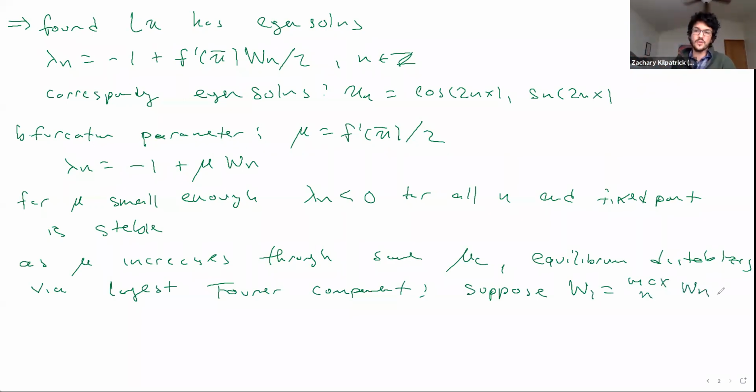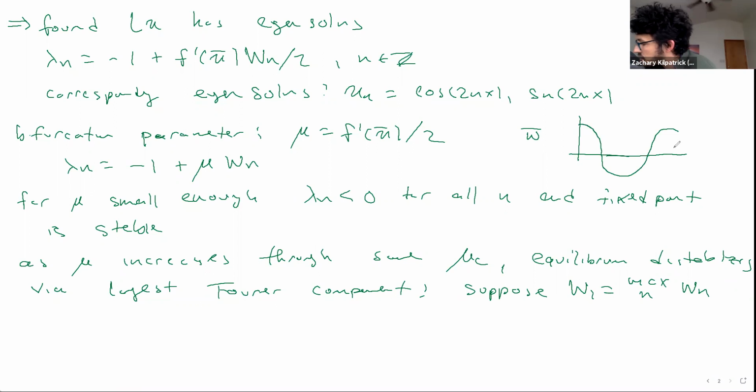Okay. And this would be like, for instance, you have a weight function, W bar, and it looks something like this. Okay. It's dominated by the first eigenmode, which is just your simple cosine, right?